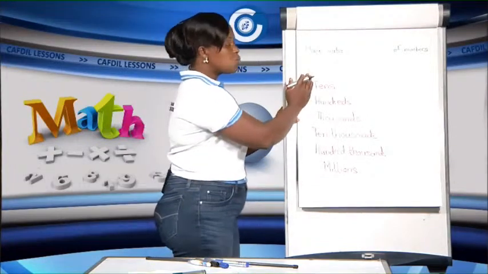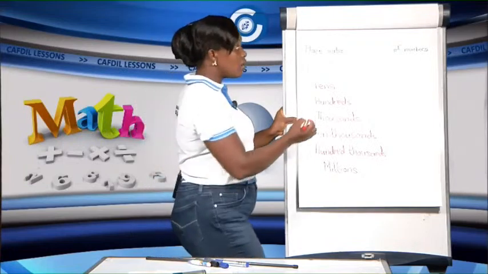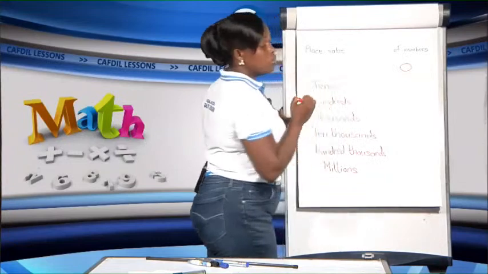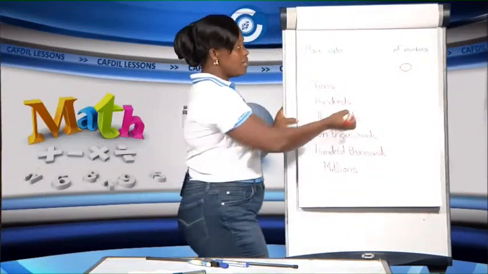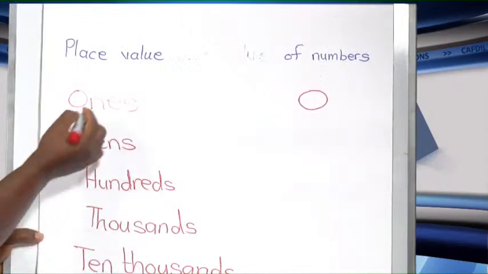So with these ones, we can represent it with a capital O. Whenever you see this in the place value chart, it represents ones.